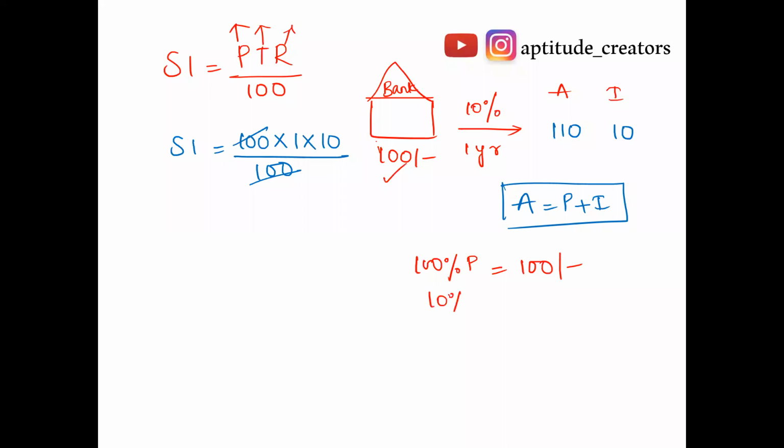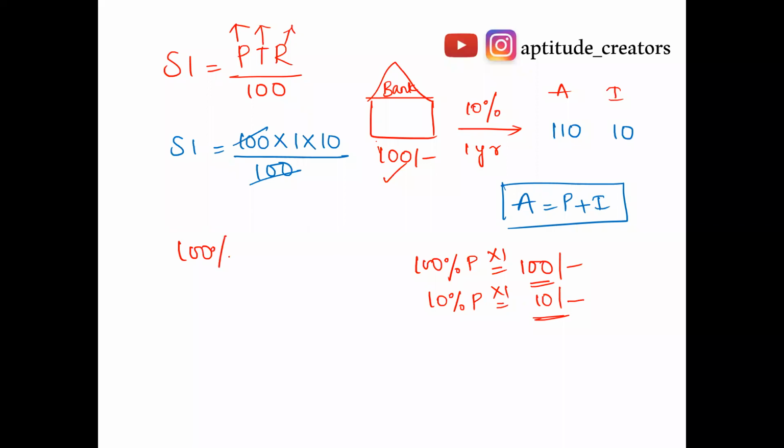Now, what about 10% of the principal? 100 into 1 is 100. Now, what is 10 into 1? It gives the result as 10 rupees. Correct? The answer is 10 rupees. What is this talking about? Interest.